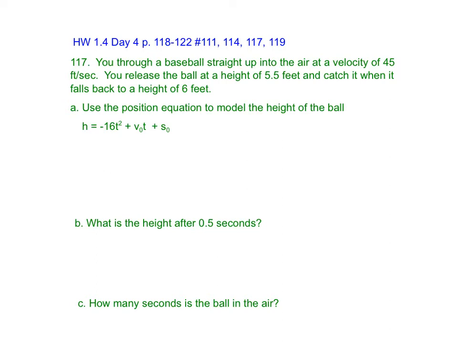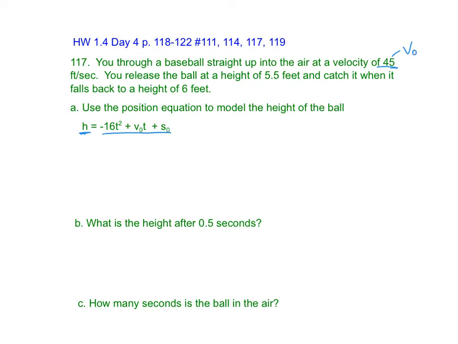So the position equation is given to us, and it's that the height at any given time t is given by the equation negative 16t squared plus v naught t plus s naught. Remember, v naught is the initial velocity, s naught is the initial height. So if we look back at the problem description, v naught is the initial velocity, which is here.